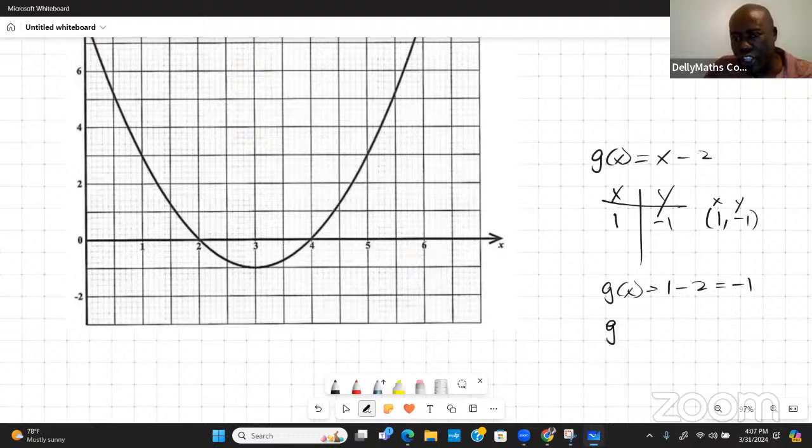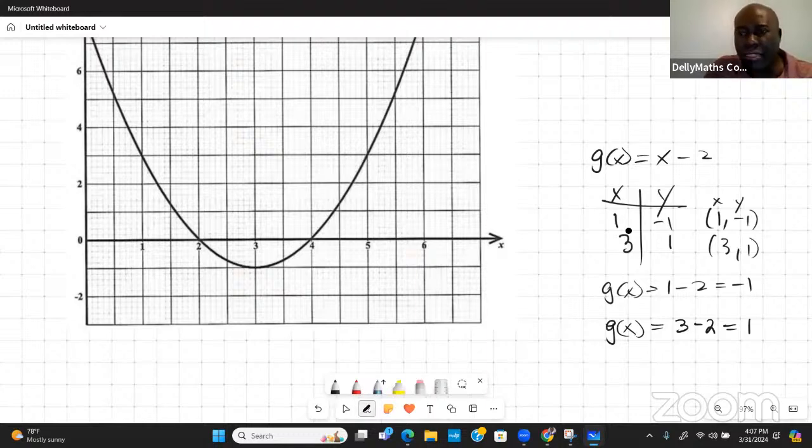Let's do another value. g of x is equal to any value that you want to choose. Let us say I choose 3. Then I'm going to put 3 where the x is. So instead of saying x minus 2, I'm going to say 3 minus 2. That becomes +1, which means I just tried 3 and I got 1. So 3, 1 is another coordinate.